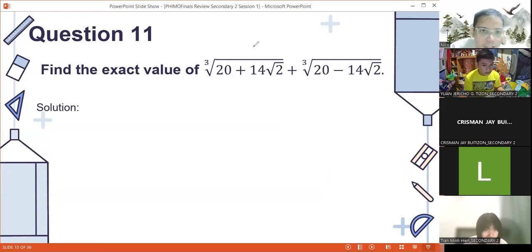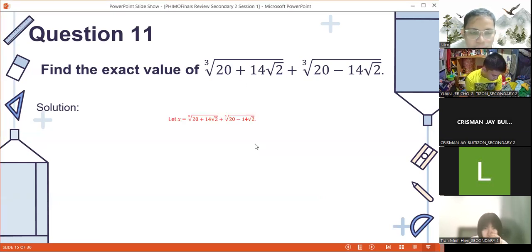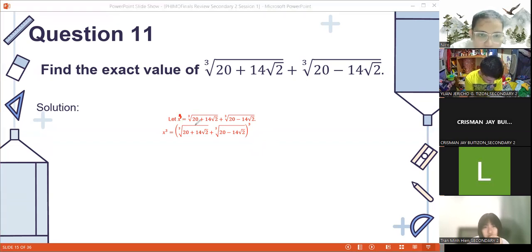Okay, so first we equate this one to x. So now we have x is equal to this value. Later, to remove the cube root, we need to get the cube. So the x here, you cube it, and then everything here, you cube it also, right?